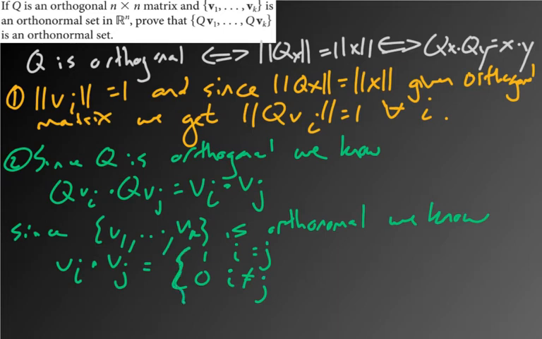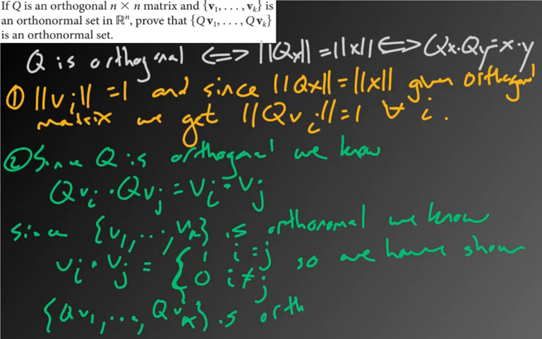These are my brackets. I still can't make brackets after all these years of math. And that does it, right? So we have shown that the set Q v1 through Q vk is orthonormal.